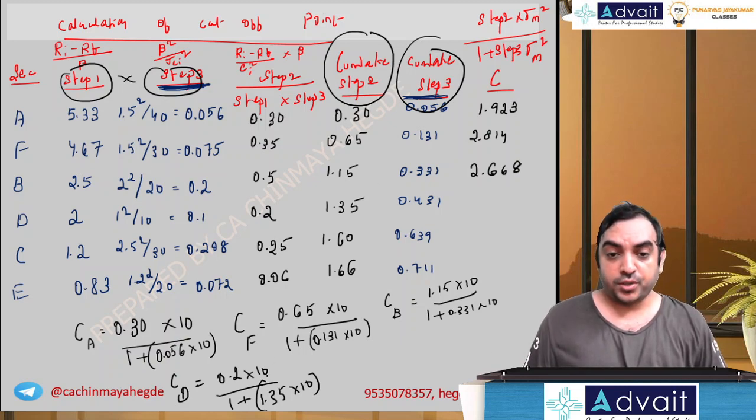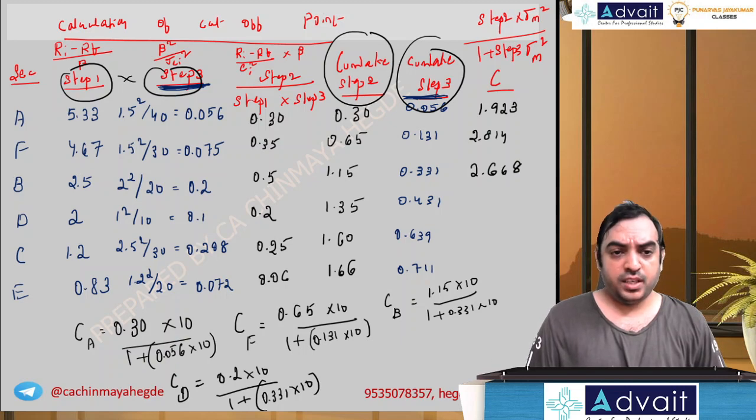Oh, sorry, not 1.35. It's 0.331. That was the mistake. Now let's calculate. Clear the calculator memory, start fresh. 0.331 into 10 plus 1.